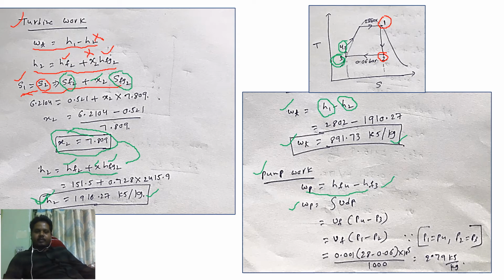And we can write it in terms of P1 and P2, because P4 equals P1 and P3 equals P2. Here we know the value of Vf and the values of P1 and P2. These values are given in the problem, and the Vf value we have taken from the steam table. Once you substitute all the values, you will get the work done on the pump.